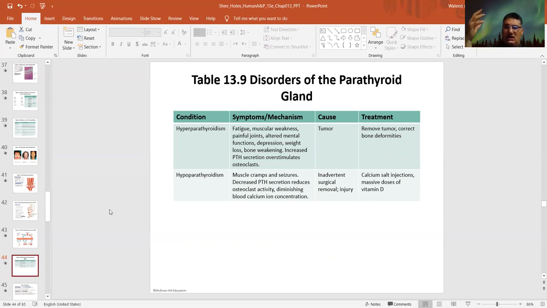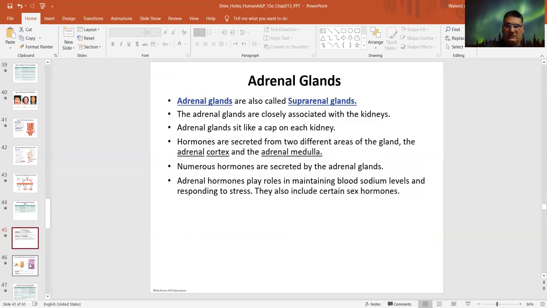It happens with surgeons who are not experienced enough: if they have to cut a piece of the thyroid gland, these parathyroids are tiny in the back, and they can end up cutting two of them or something. Or injury, you have an injury in the neck and this is too tiny, so you can hurt it. And if that's the case, you will have low calcium level. For hyper, you have high calcium level.